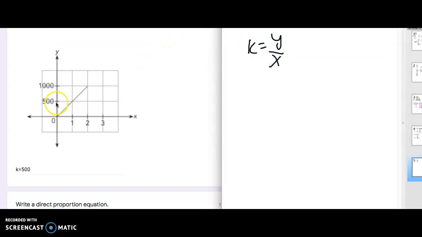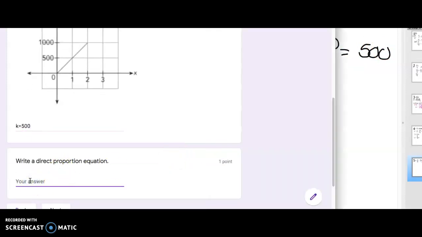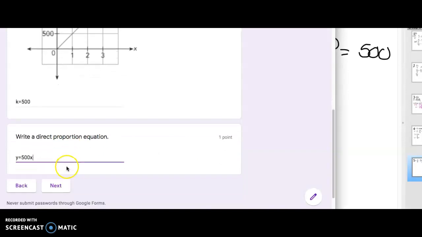I look here, y is 500, x is 1, equals 500. All right, and then nice and easy, we know y equals kx, so y equals 500x. Move on.